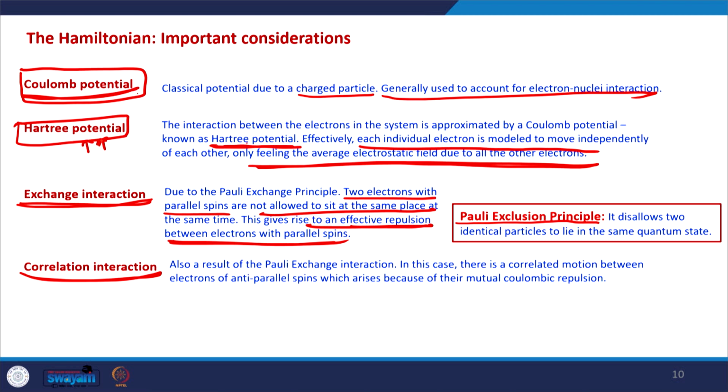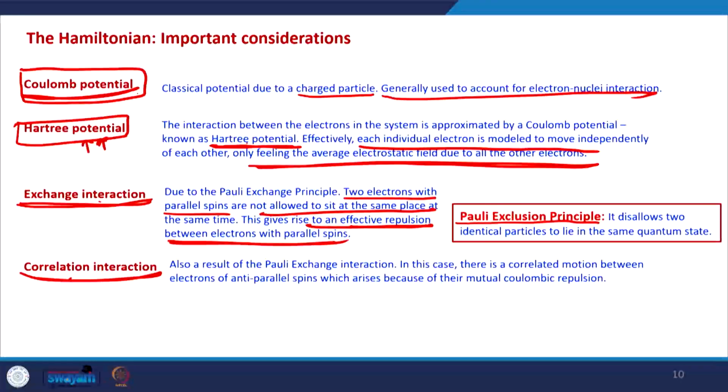The Hartree potential accounts for the electron-electron electrostatic interactions. And the exchange and correlation interactions arise from the spin properties of the electrons and are governed by Pauli's exclusion principle. Effectively, they can be written as repulsion forces or correlation forces, coupled forces. There is a coupling between opposite spins and repulsion between parallel spins.